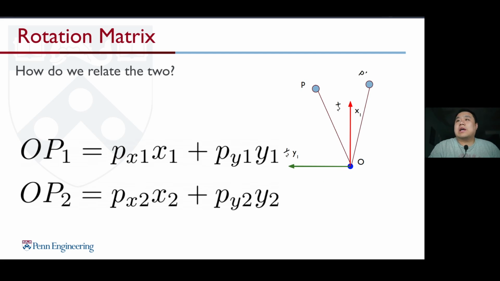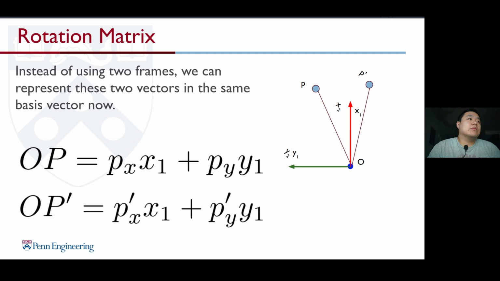So imagine that now x1 and x2 coincide with each other, and y1 and y2 coincide with each other, and you'll have a new vector OP prime, which is in the reference frame of x2, y2, but also in the reference frame x1, y1. Then instead of using two frames, we can represent these two vectors in the same basis vector now.